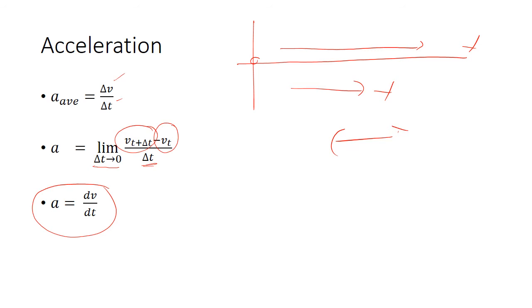Well, if you're moving this way and go faster and faster, and that way is positive, you're getting more and more velocity. So the velocity later is bigger than the initial velocity, so you've got positive acceleration. If you're going this way and slowing down, then the final velocity is less than the initial velocity, so acceleration is negative. You're slowing down.